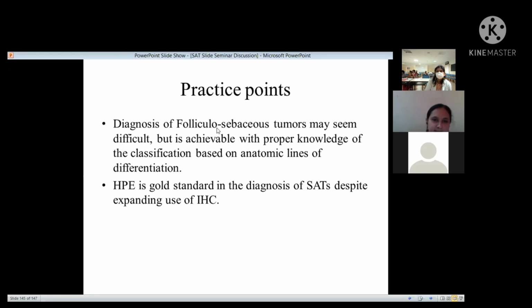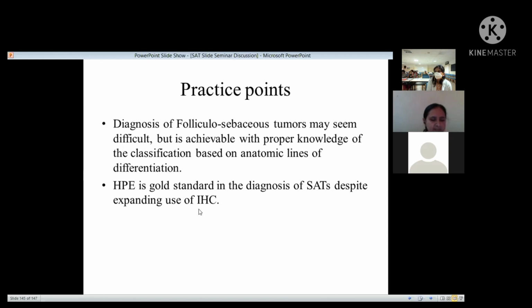Diagnosis of these follicular sebaceous tumors seems very difficult, but I think it is achievable with proper knowledge of classification based on the anatomical lines of differentiation. Please do not forget that histopathology is the gold standard, despite the expanding use of IHC.